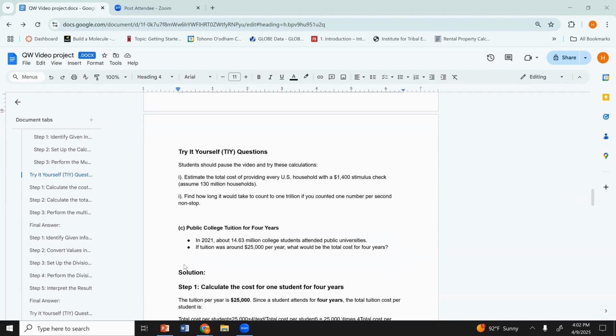Question number 2: find how long it will take to count to 1 trillion if you counted one number per second. So you're counting one number per second: 1, 2, 3. You want to count continuously to 1 trillion, and it takes 1 second to count each number. How long would it take you to do that?